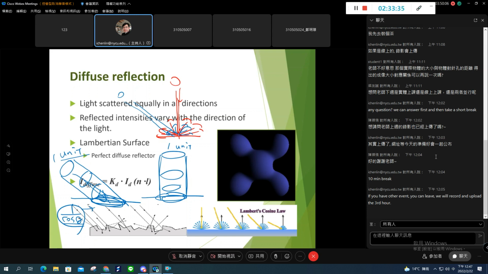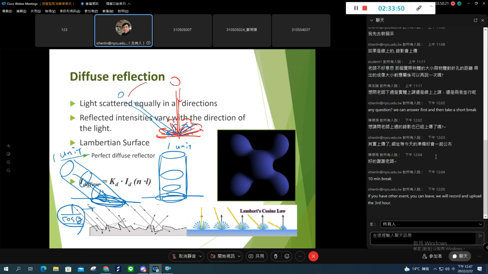If your light is just on the top of the surface, it will have a larger or stronger reflection here to all directions.